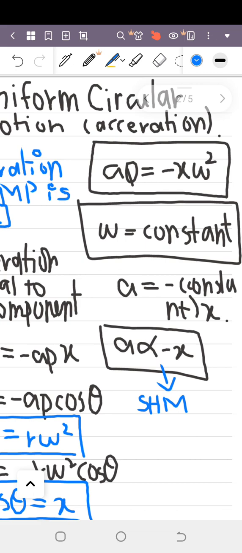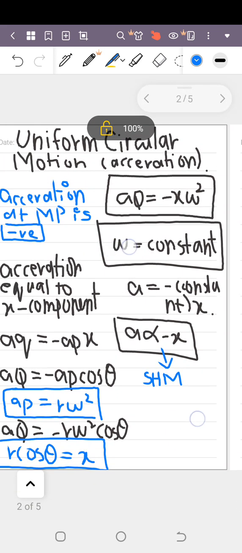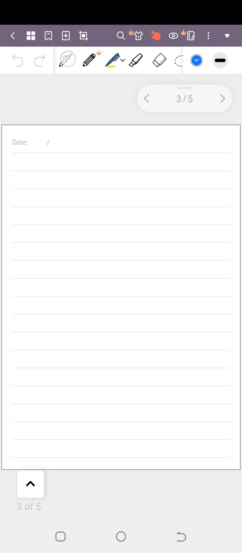Now let's go with the minimum and maximum acceleration. So here we have maximum acceleration.